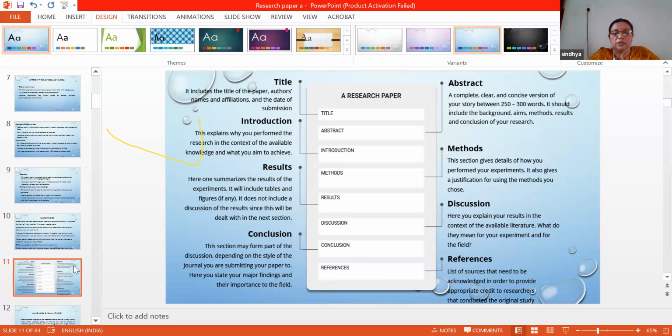That can be concluded in a concise manner. So the conclusion section deals with the major output and major futuristic implication of this study, and there must be a list of sources in the reference section. So this is the general structure of a research paper. I think it is clear.